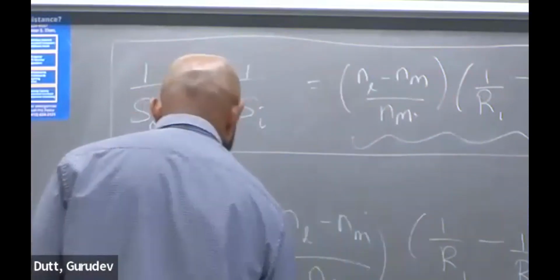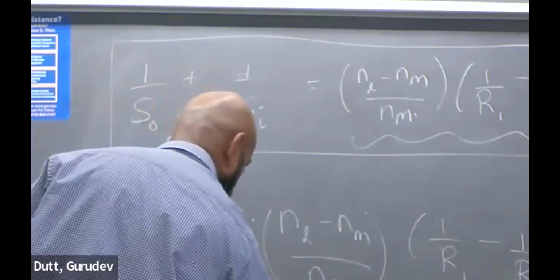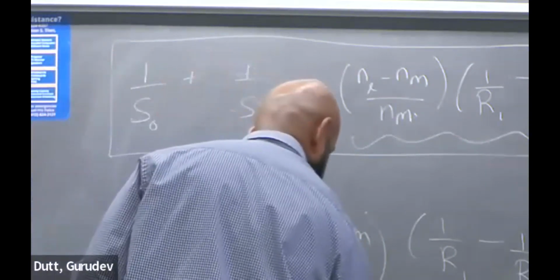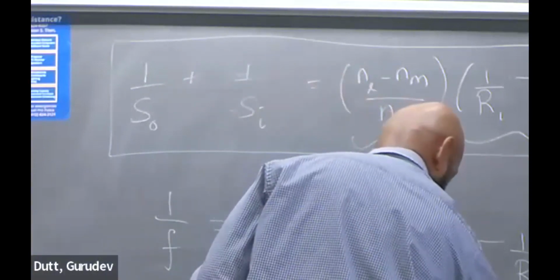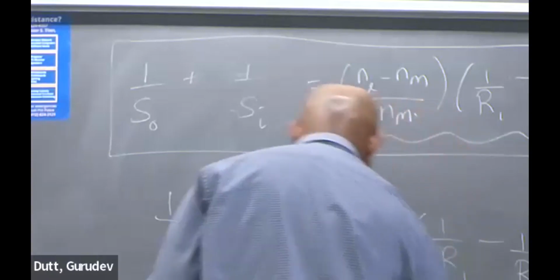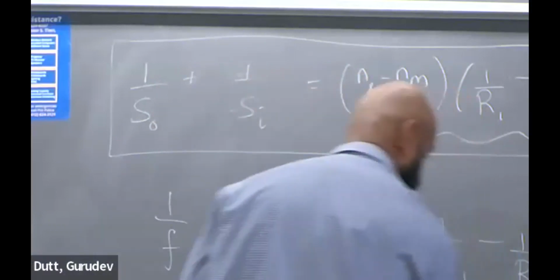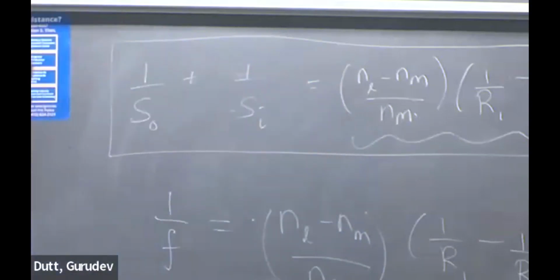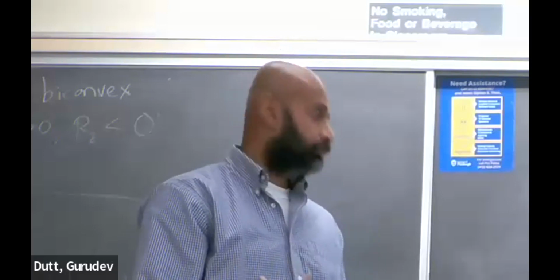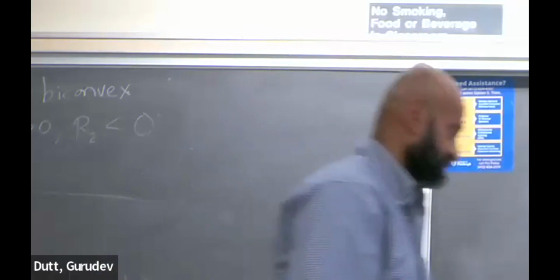Okay, so if n_m equals 1, then the focal length 1 over f is just (n_L minus 1) times (1 over R1 minus 1 over R2). And as I said, for a biconvex lens, because R1 is greater than 0 and R2 is less than 0, this sum is always going to be positive. 1 over R1 plus 1 over R2 becomes 1 over the magnitude of R1 plus 1 over the magnitude of R2, after we put in the signs.